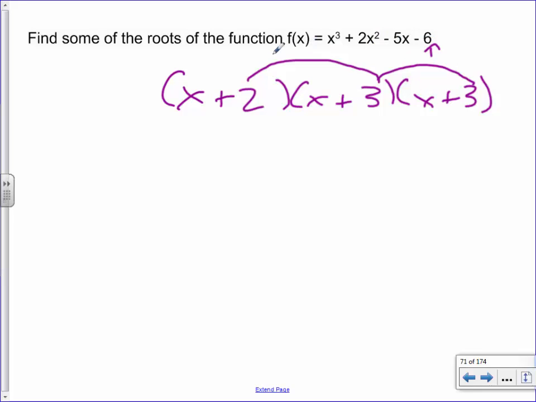Does that make sense? When you FOIL this into this and then FOIL that into the last one, the last number is the product of all of them. 2 times 3 would give you 6, but if you times by another 3, it would give you 18, and that really wouldn't work.